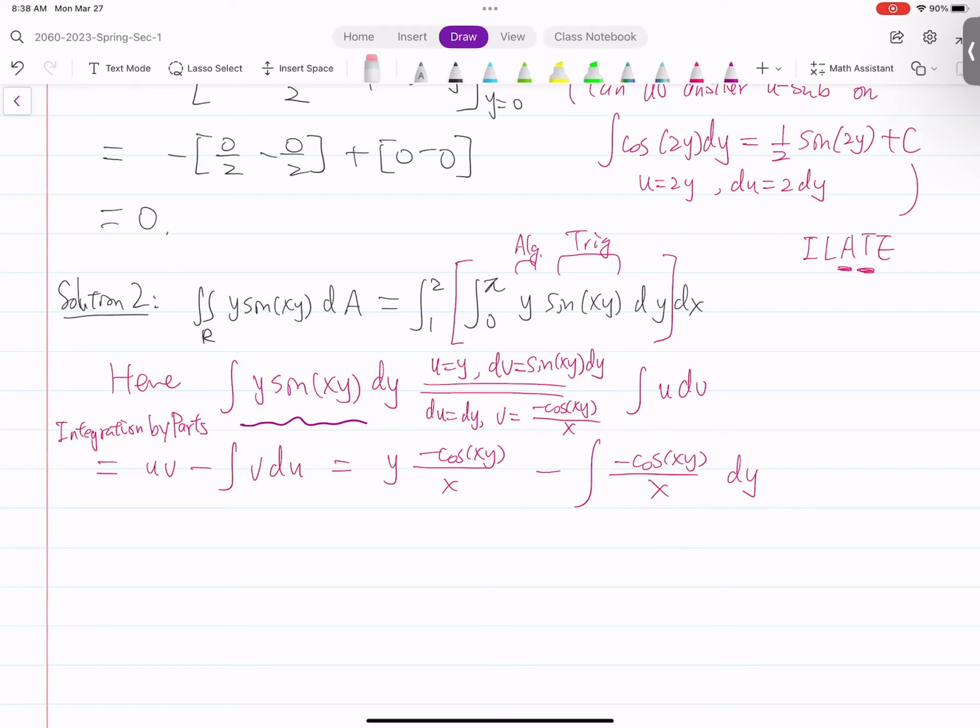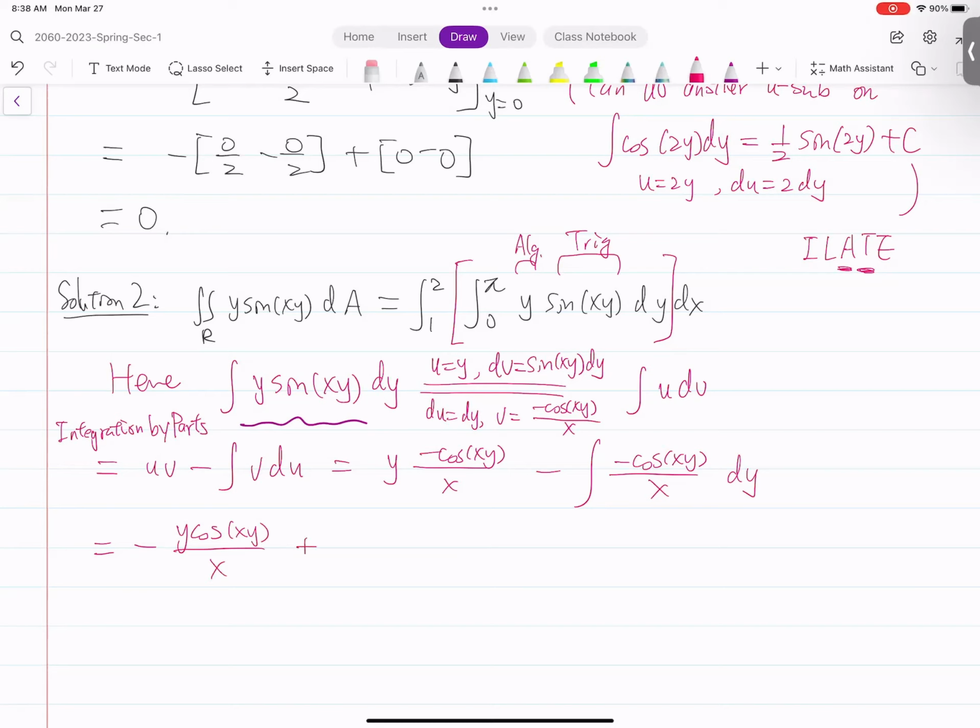So let's write out the antiderivative explicitly. The beginning part is still negative y times cosine of xy over x.